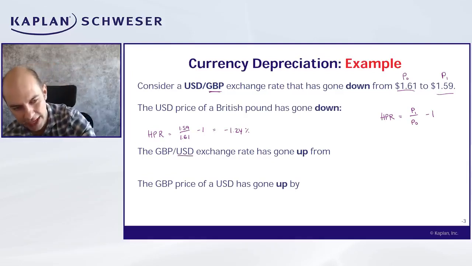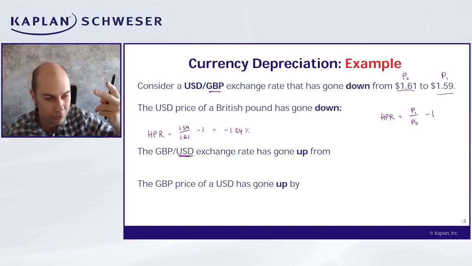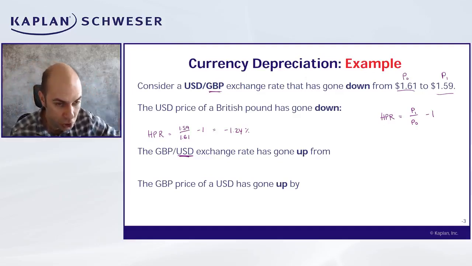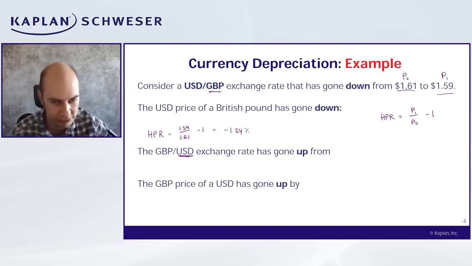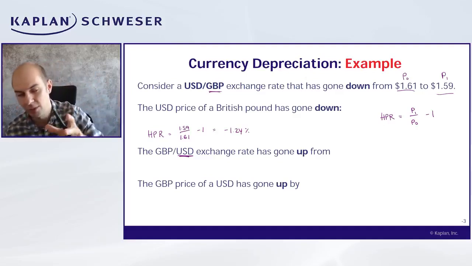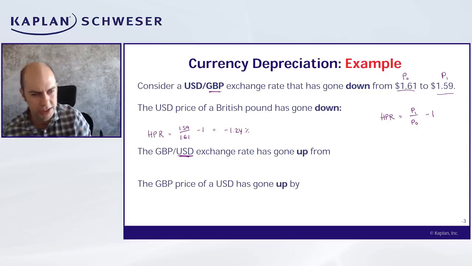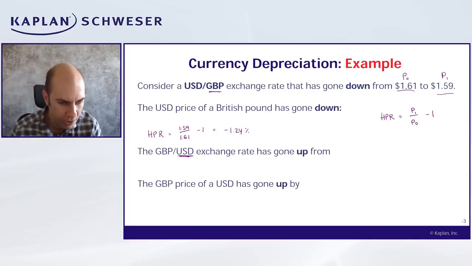Now, of course, that means that if the pound's depreciated, then the dollar must have appreciated. And to do that, we will have to reciprocate. So we need to make sure that the dollar is now our denominator currency. Now, you might be thinking, wait a minute, Martin, isn't that going to be a necessary calculation?